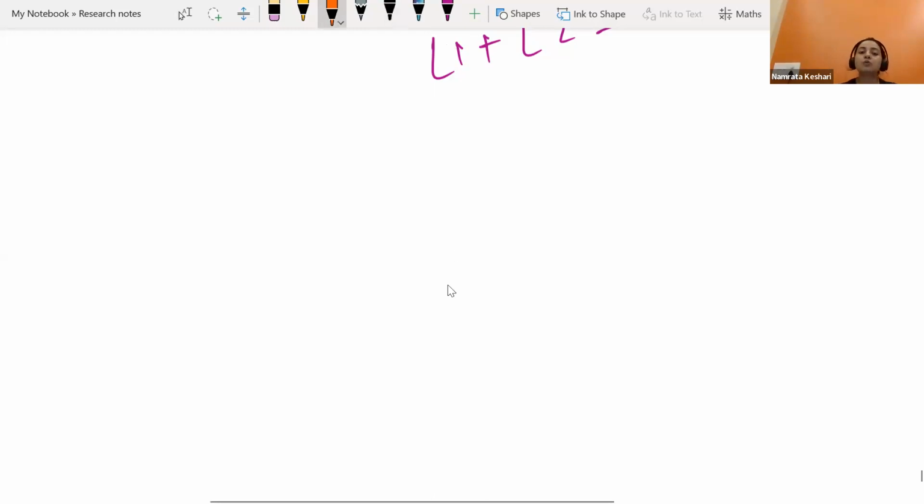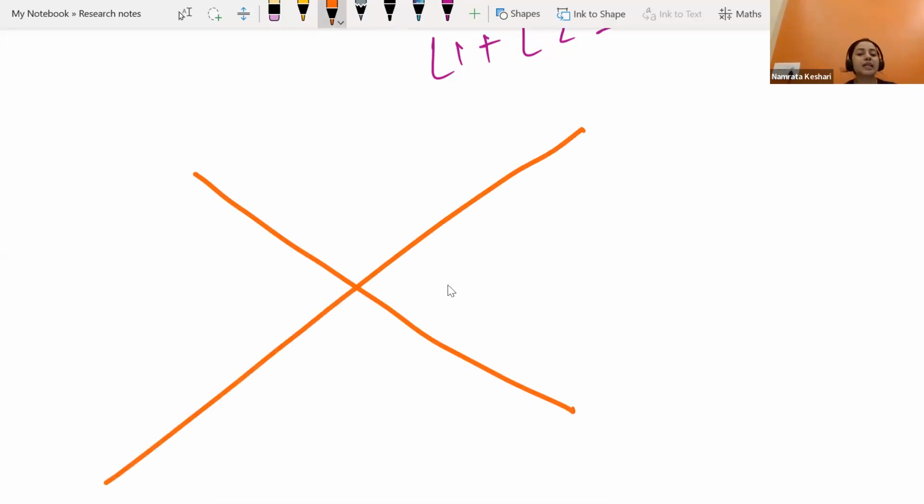So now, vertically opposite angles. When two lines intersect each other, then this angle and this angle are a pair of vertically opposite angles, and these two will be equal with each other. If this is x, this will be x. If that is 30, this will be 30. Vertically opposite angles are equal.